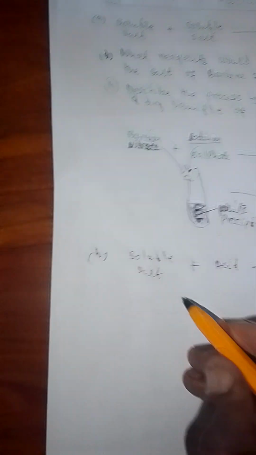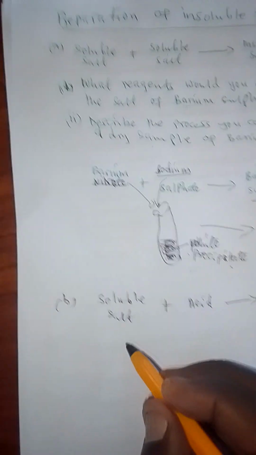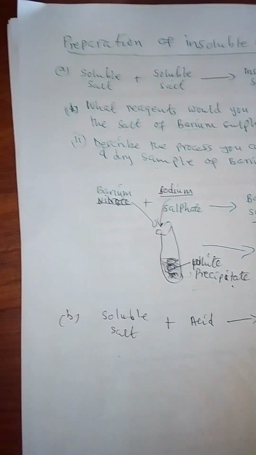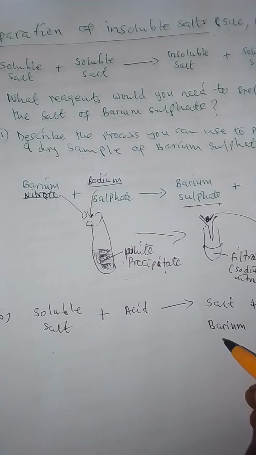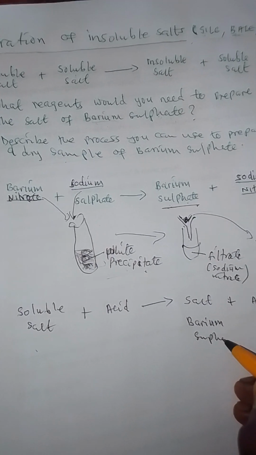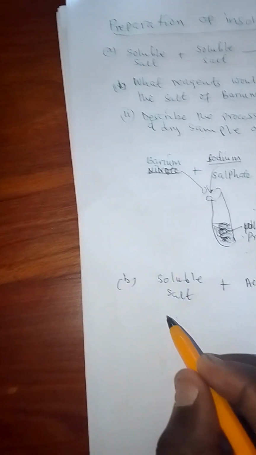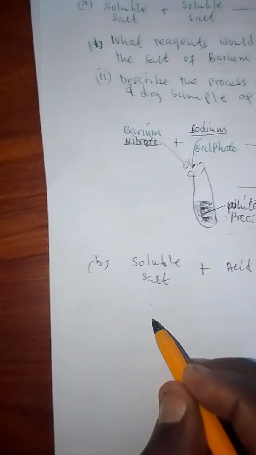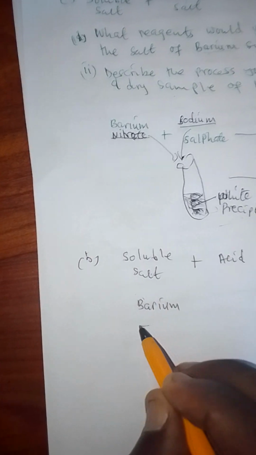Okay, this is what we are going to have. For instance, using the same barium salt, how do we prepare the same barium sulfate? Okay, so barium comes from the soluble salt. Barium comes from the soluble salt.